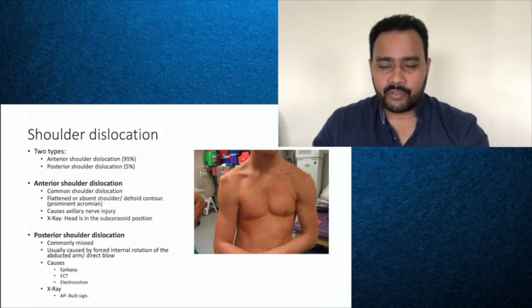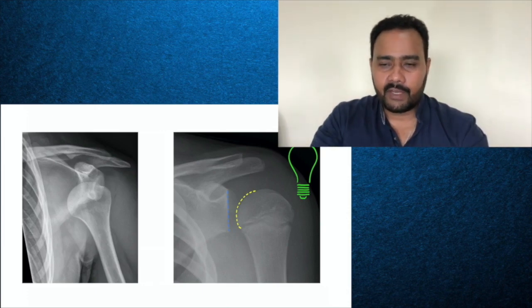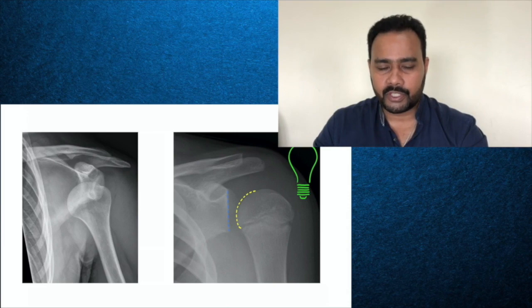And if you see the X-ray, the head will be in the subcoracoid position. This is the coracoid process, and this is the acromion process. You have the coracoid process and the head will be just below that. That is the identification of anterior shoulder dislocation.